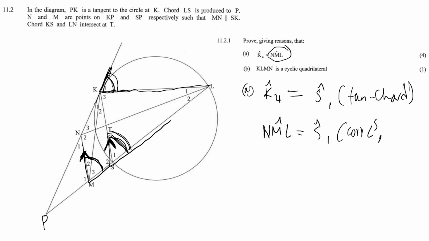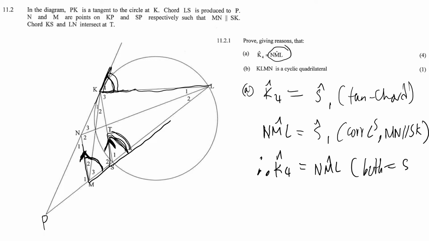And you also give the lines that are parallel, because we are given MN is parallel to SK. Now we can conclude that angle K4 will also be equal to angle MNL, because both of them are equal to angle S1. Therefore, we have proven that indeed K4 is equal to angle MNL.